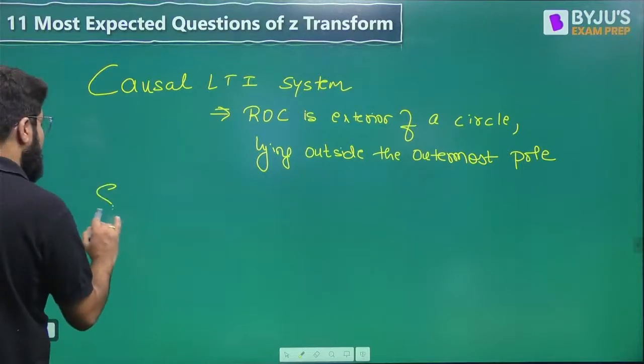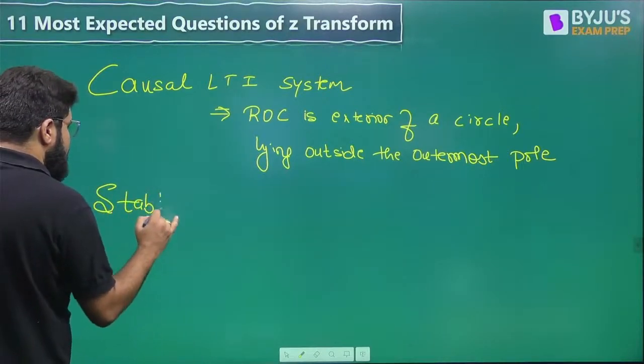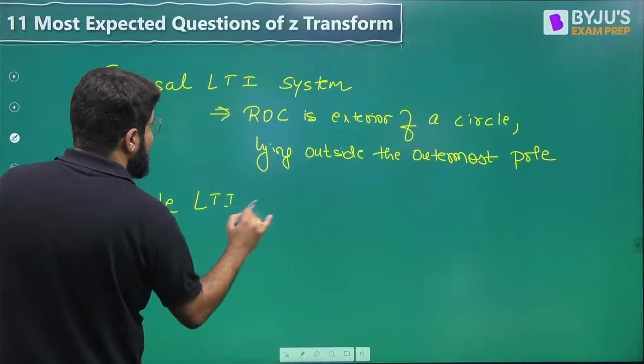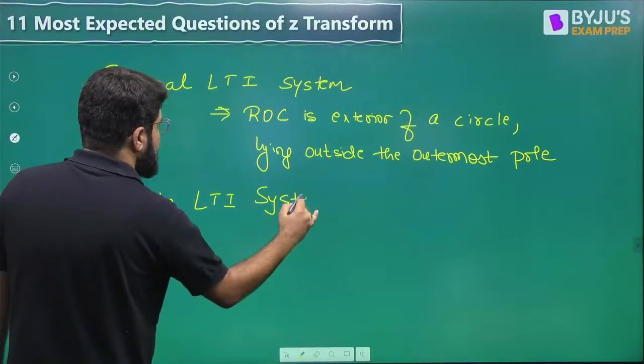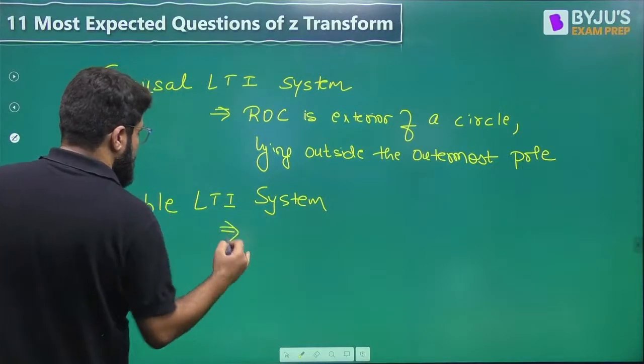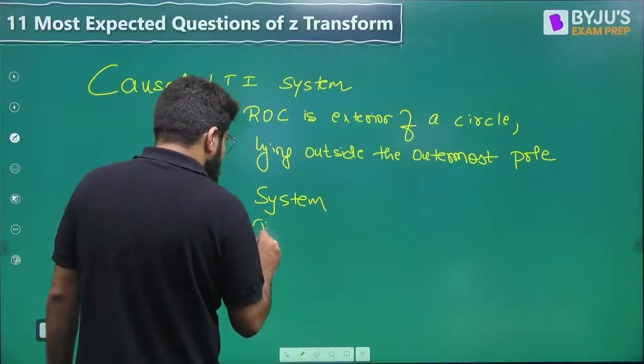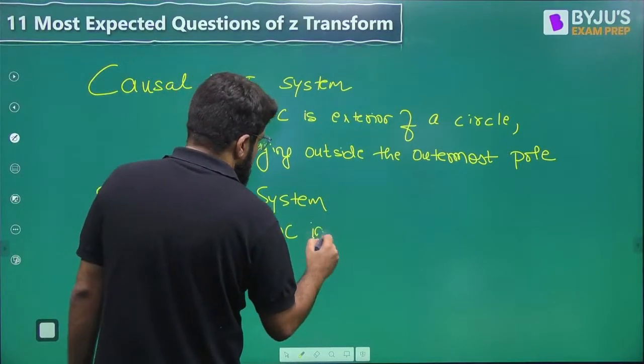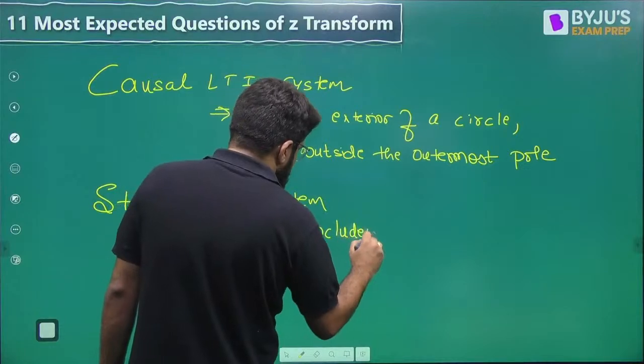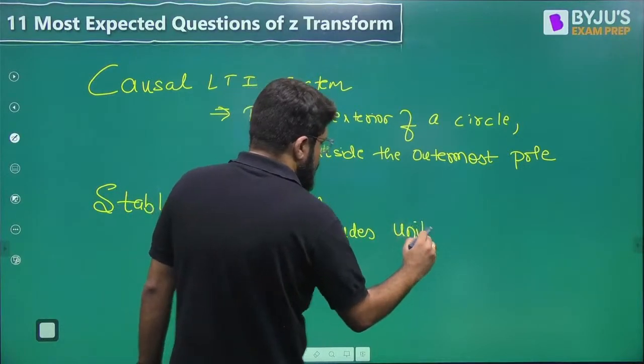If it is a stable LTI system, some important points to review: then the ROC includes the unit circle.